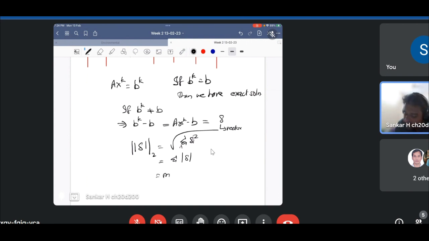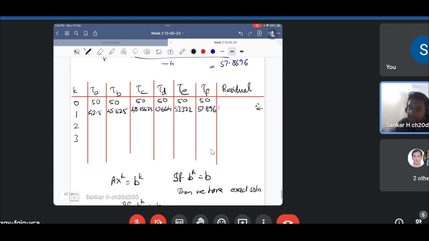Another one is to just find the maximum of delta of k. There are various methods to estimate this residual, and which residual we take depends on our application. So in this question, you are free to take whichever form of residual you want, and just note down the value over here.